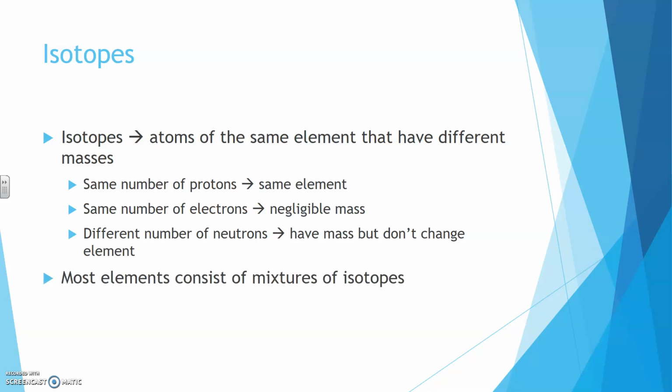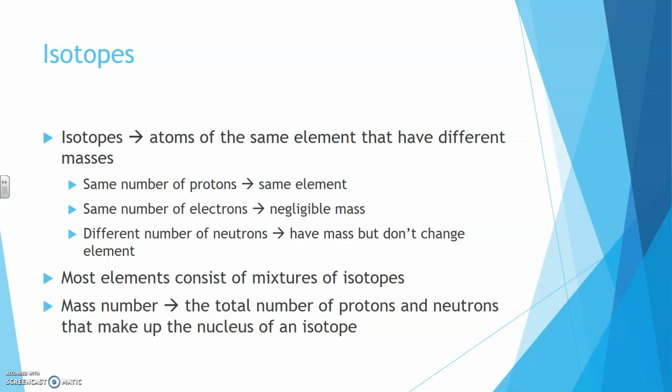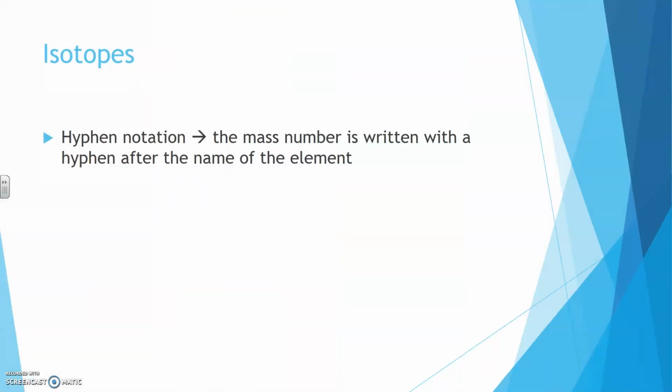So most elements actually consist of a mixture of different isotopes. And you have what's known as the mass number. The mass number is the total number of protons and neutrons that make up the nucleus of an atom. Now remember, it's just protons and neutrons. It does not include electrons because they don't really have mass, or at least enough to matter.